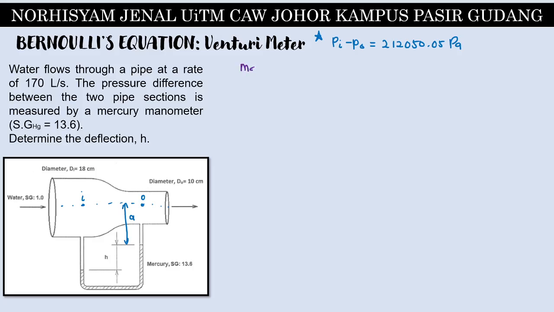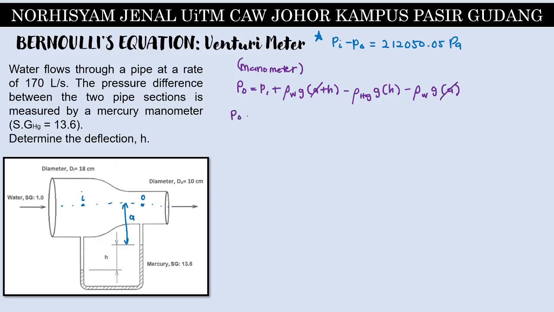So for manometer, alright, PO is equal to Pi plus rho water G A plus H, and then minus rho mercury G H, and then minus rho water G A. So this is positive A, this is negative A, so we cancel out.